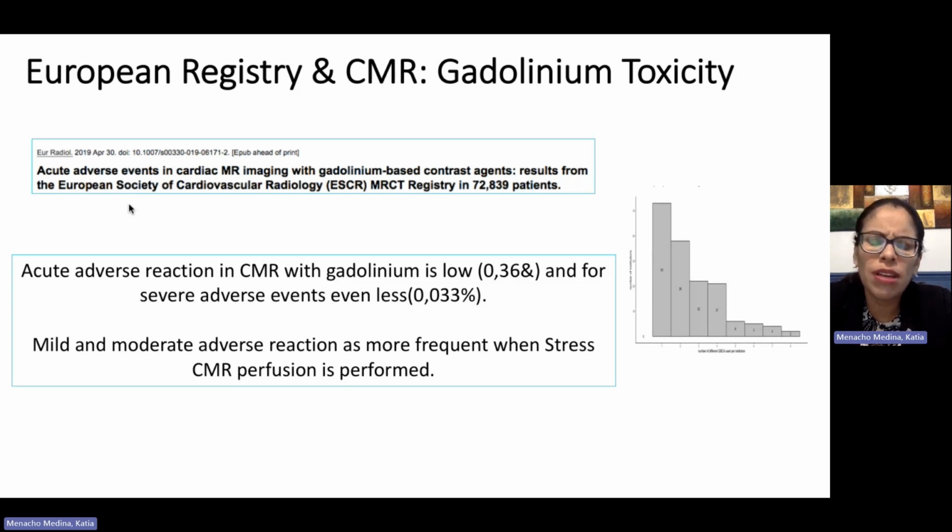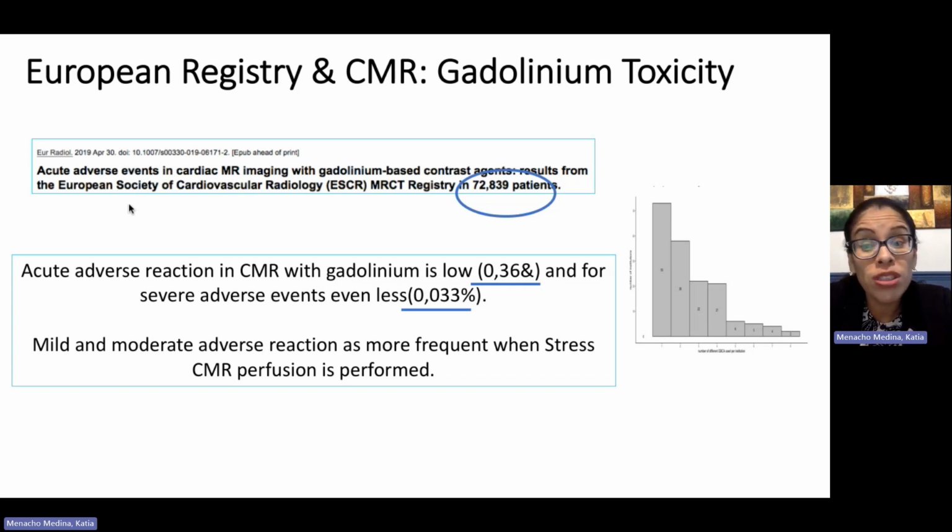It's a very important paper I think any radiographer should review, because in this registry they assessed a total of 72,839 patients, and they report that acute adverse reactions in CMR were found in only 0.36% of this cohort, and severe adverse reactions in even less, 0.033%. So it's very, very unlikely we will have to face this reaction, especially allergic reactions.